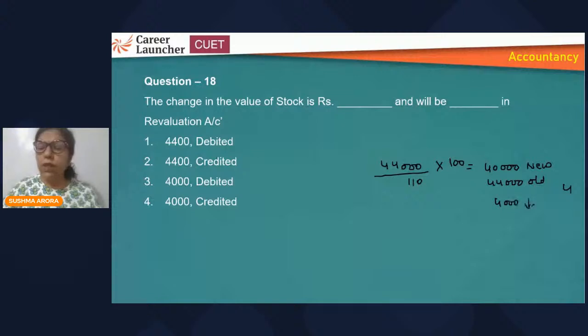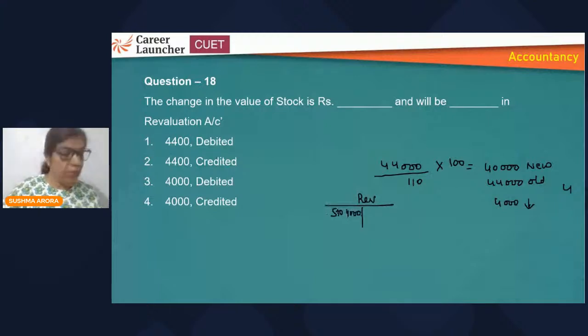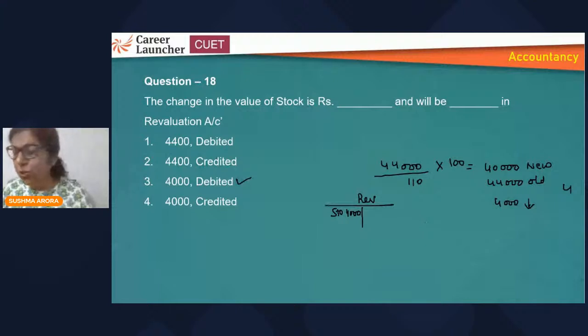So in revaluation account, if asset is decreasing, we have to show it on this side. Okay, so our answer will be 4,000 debited. Yes, children, I am sure you like this time saving method. Do it this way. And revaluation account, debit side, 4,000 rupees.